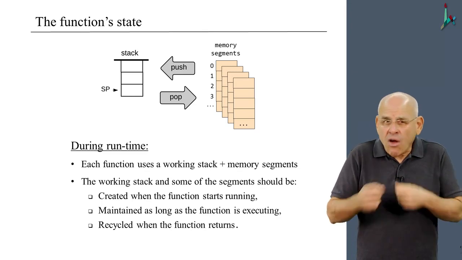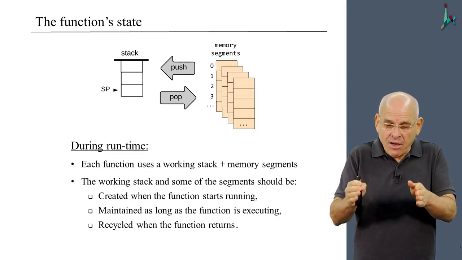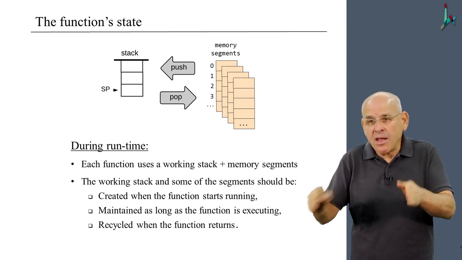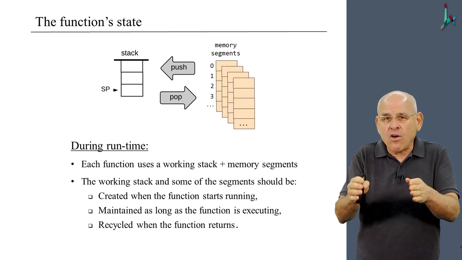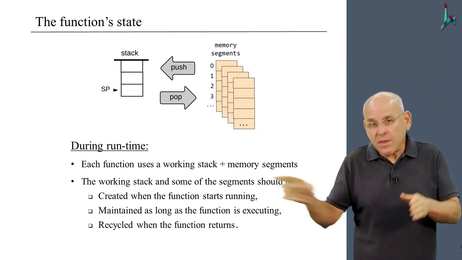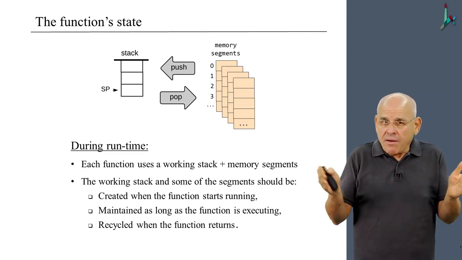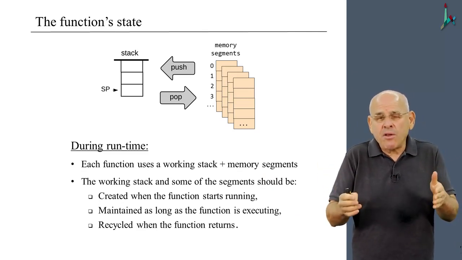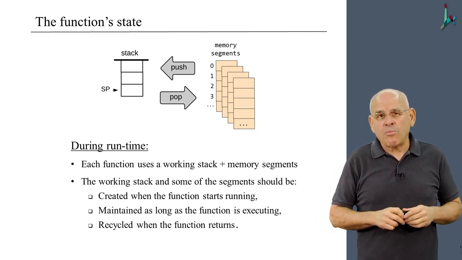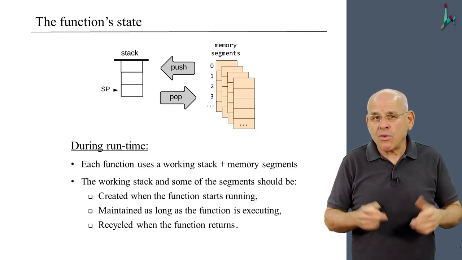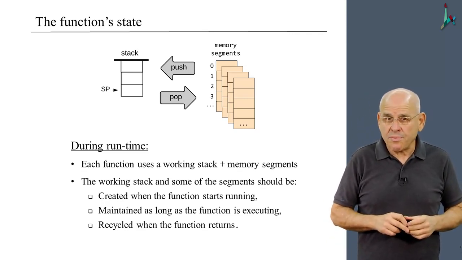And as long as the function works, we have to maintain this state. In particular, if this function will call another function, we have to save this state somewhere and know how to return to it when this function ends its execution. Now, when the function returns, well, then at this point we don't need the state anymore, so we can recycle it in order to be good citizens and in order to make sure that the memory will not be completely consumed.